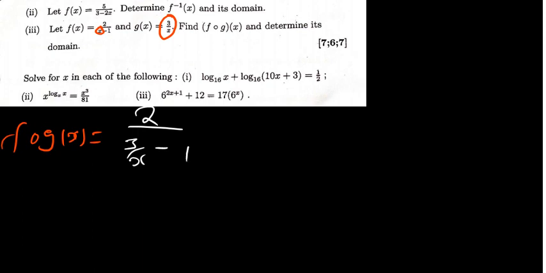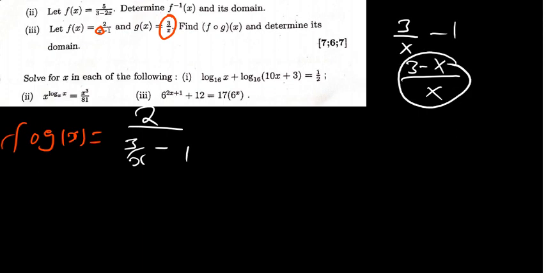So 3 over x minus 1 is the same as 3 minus x over x.